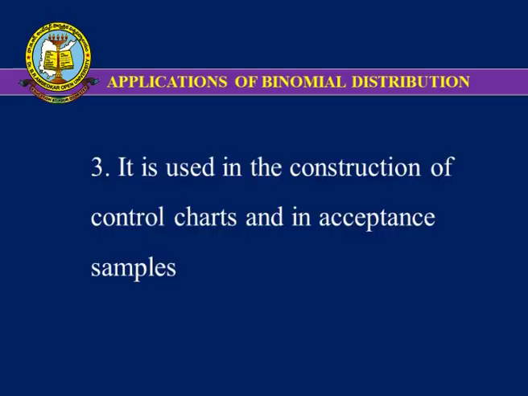So it also satisfies the binomial distribution properties. It is used in the construction of control charts and in acceptance sampling. So in quality control and business decisions we can use the binomial, also in acceptance sampling plans.